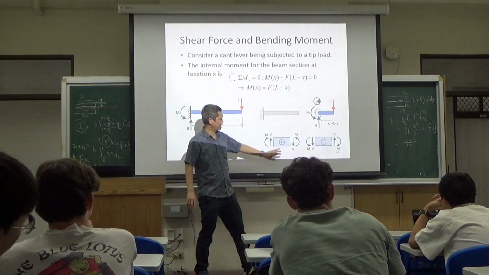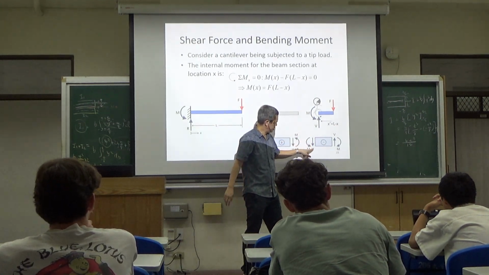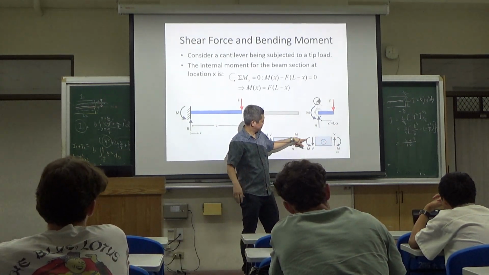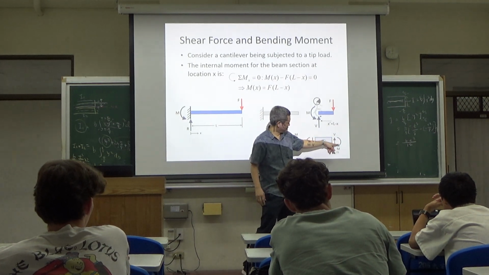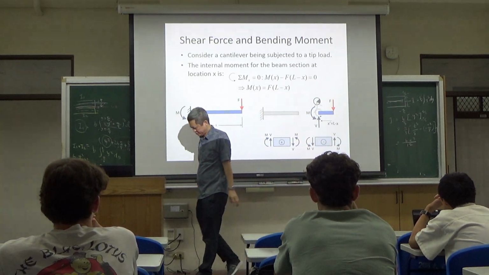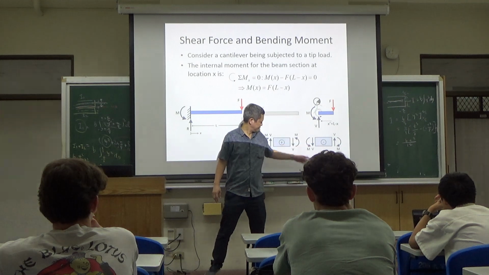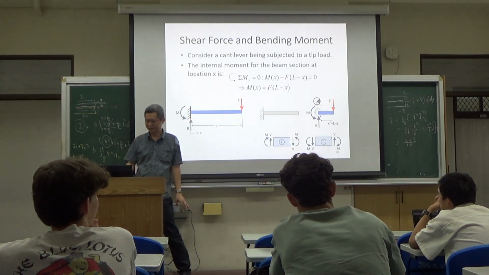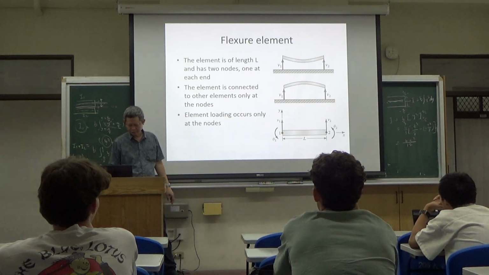On the other hand, if you have a frowning curve, the moment is counterclockwise on the left hand side and clockwise on the right hand side, and then the shear force on the right hand side is upward and the shear force on the left hand side is downward. This is the convention for mechanics of materials.